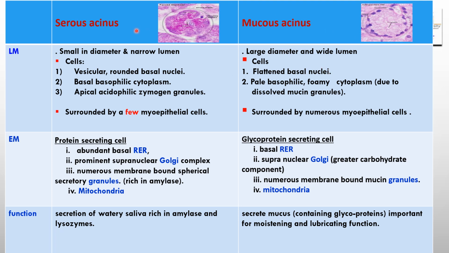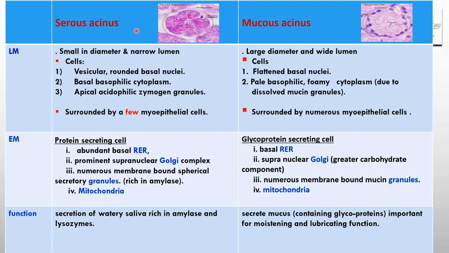Cells of serous acini have rounded basal and vesicular nuclei, while nuclei in mucus cells are basal and flattened.